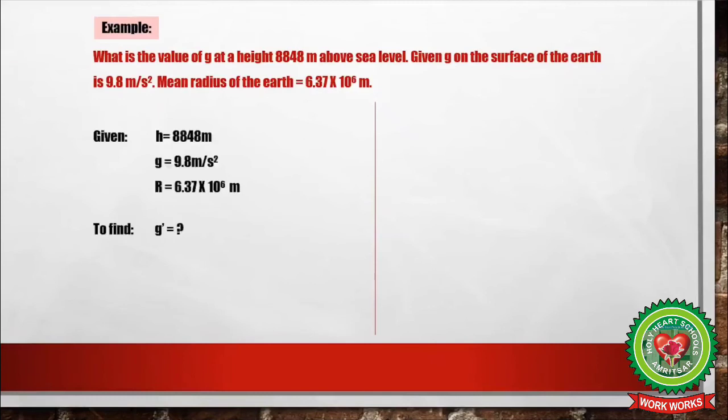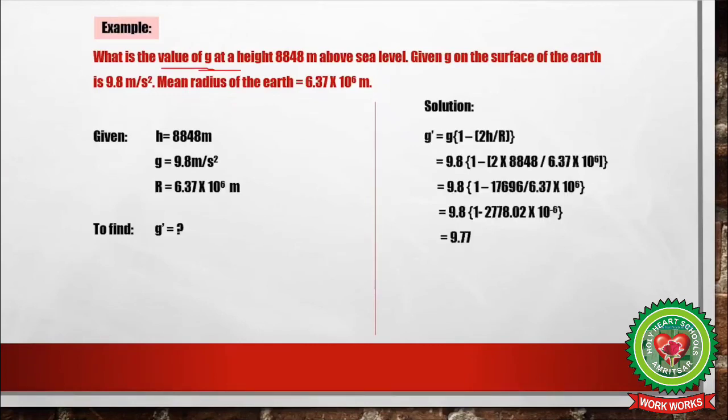So let's see what is given. We are given h = 8,848 meter, g = 9.8 meter per second square, and R = 6.37 × 10^6 meter. And what we have to find? We have to find the new value of g, means g'. Now let's see the solution.